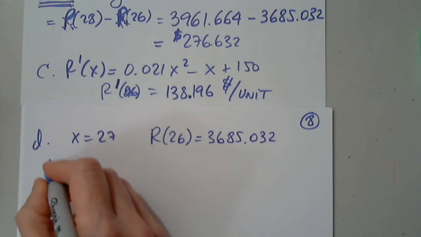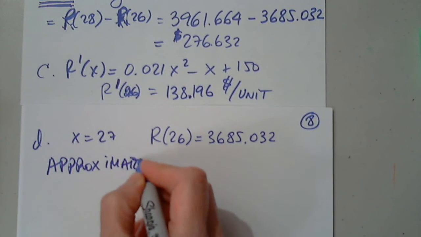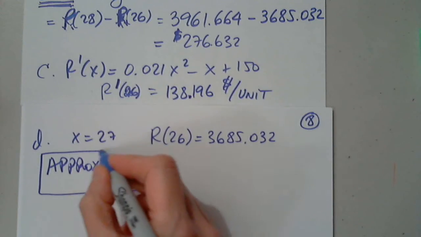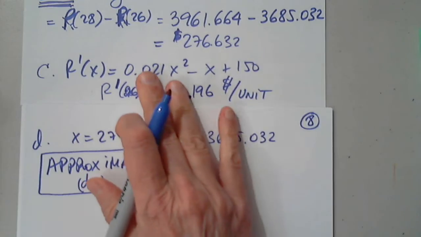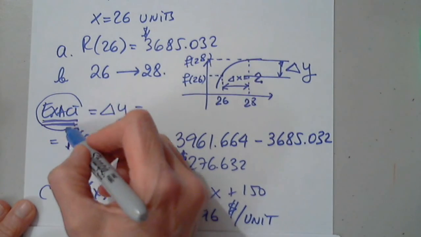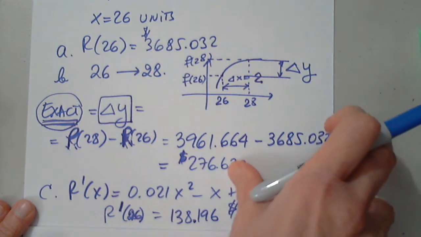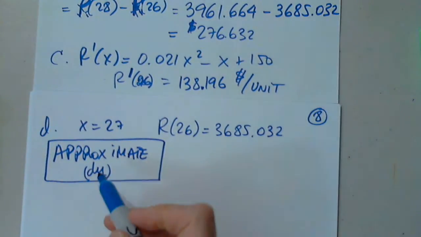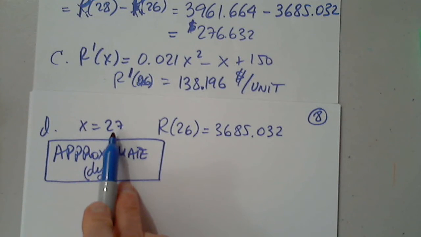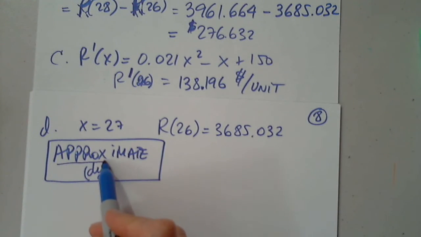Now the keyword here is approximate. When I see or hear approximate, I know they mean to use dy. When they say exact, I know they want delta y. But this time they said approximate. I don't need the exact. When you manufacture and sell 27, I'm fine with an approximation.